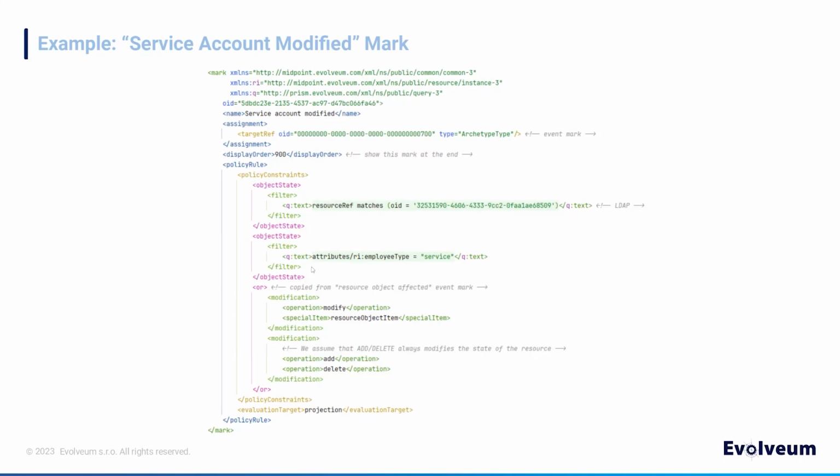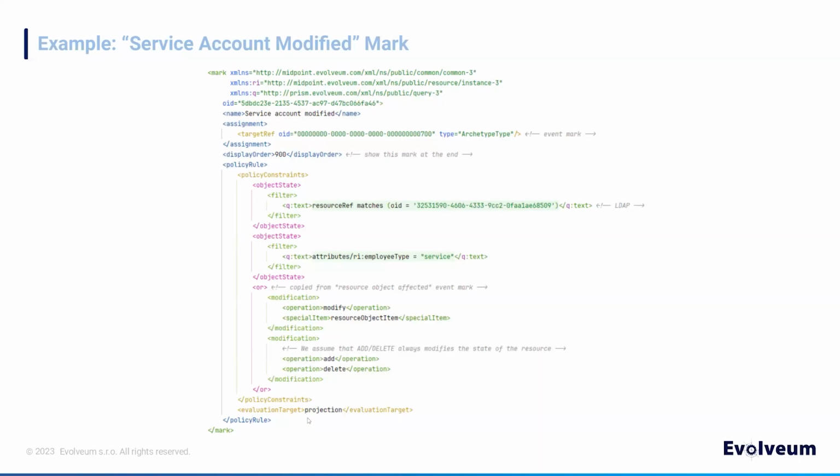And we can attach any other event specification. In this case, we obviously want to select only those items that result in the modification of the object on the resource. This is copied from the standard midPoint event mark definition.